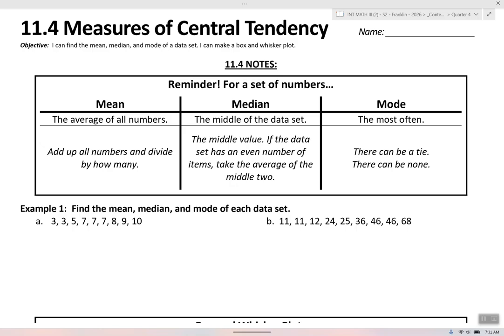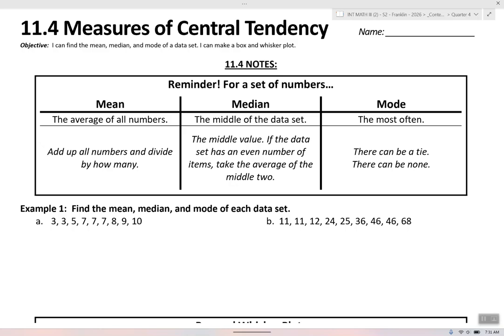So these are three different ways to approximate a data set, and they all have their pros and cons. So the average can be skewed by outliers. When you have one value way less or way more than the rest of them, it skews the average.